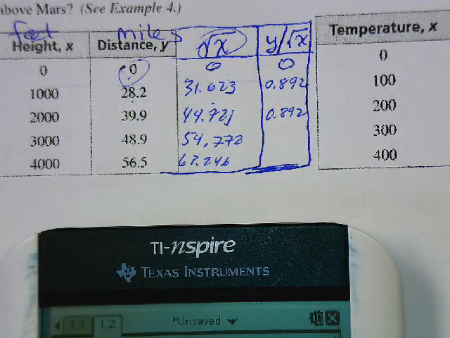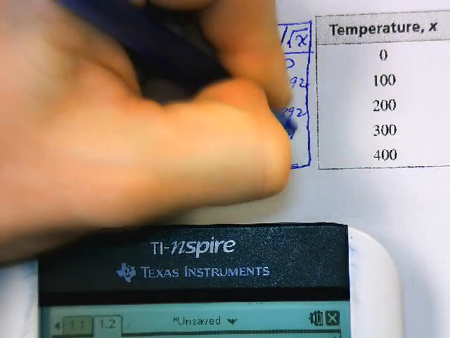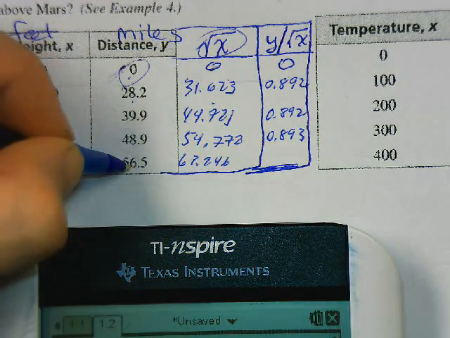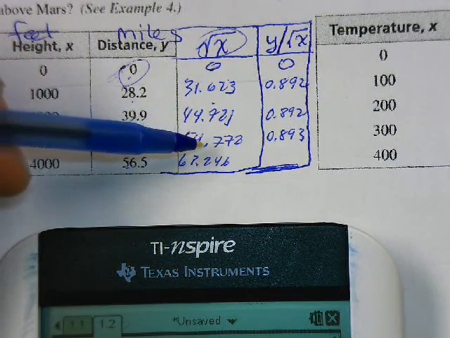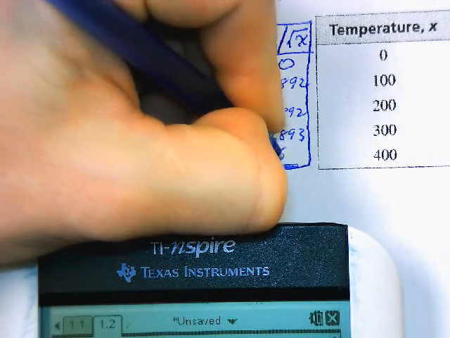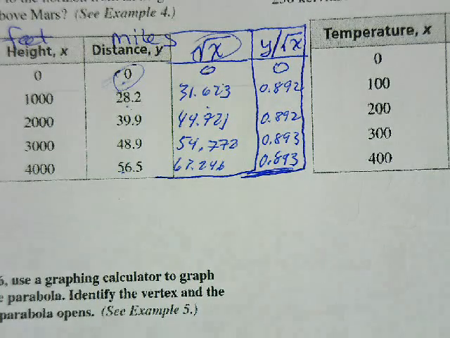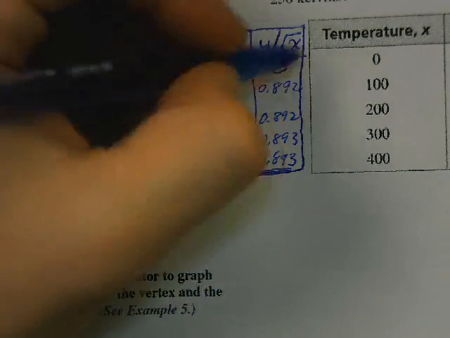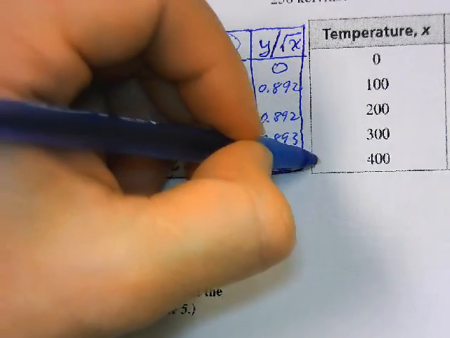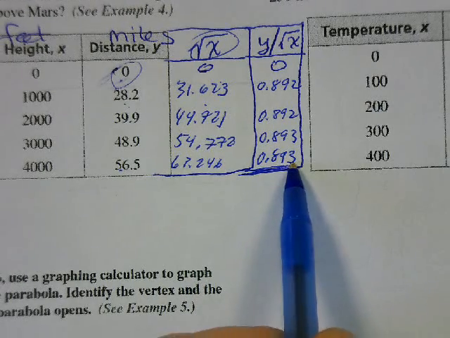And we get 0.893. And I'll divide 56.5 divided by 63.246. 0.893. So in general, the number that we're getting here is 0.89. It could be 0.2 or 0.3 hundredths out of the way, thousandths out of the way, but that's okay. We're just going to do 0.89.